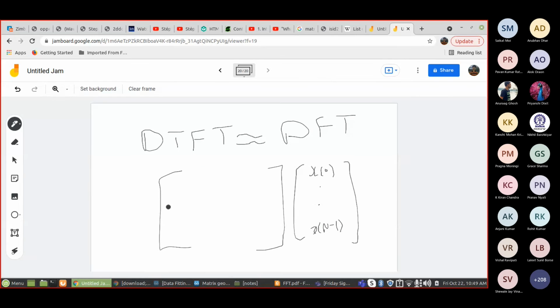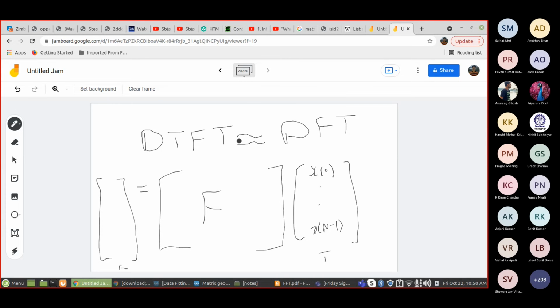So I hope that is fine. That is how you obtain this DFT vector from time domain. So this is in frequency, and this is in time, and this is our Fourier transform matrix. So this is just a matrix vector multiplication.